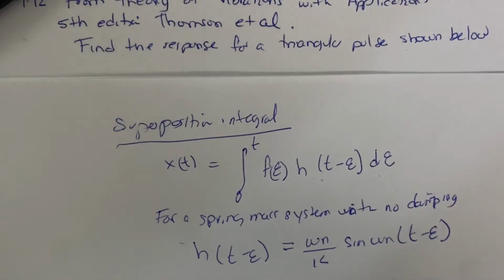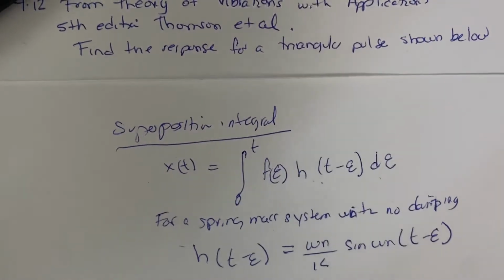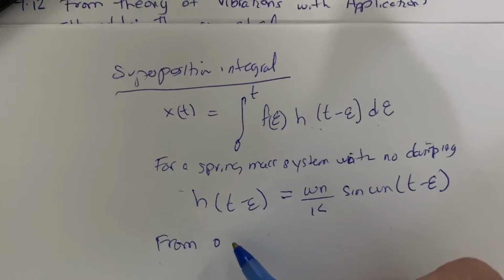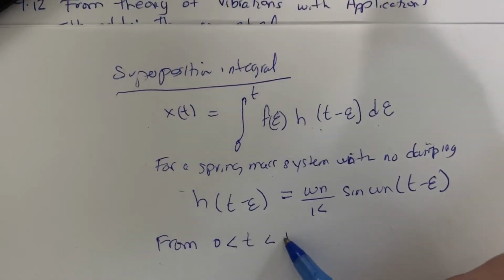Okay, so let's first analyze the interval from 0 to half t1. So 0 is less than t is less than t1 over 2.